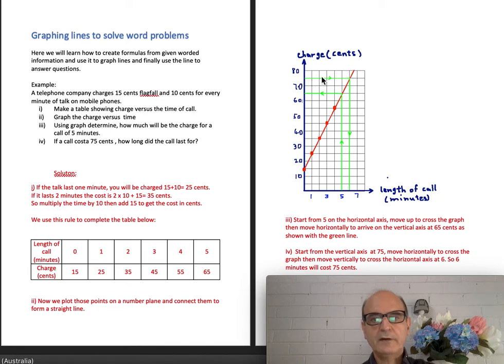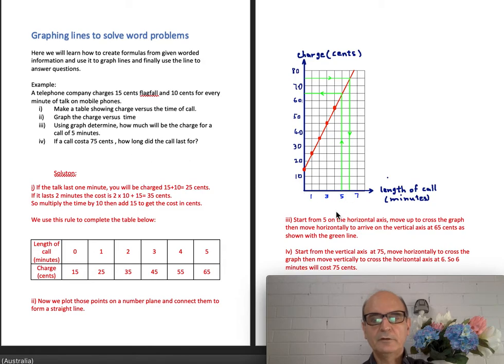So go across to hit your graph, that red graph. And then once you hit that, come down vertically, and you end up at that spot on the time axis. And that is 6 minutes. So if you talk for 6 minutes, that will be 75 cents.